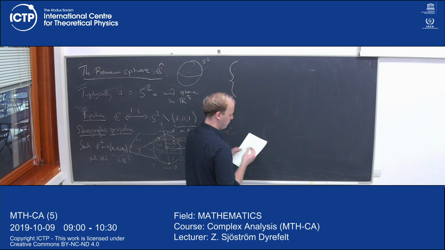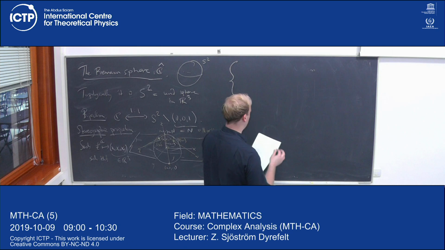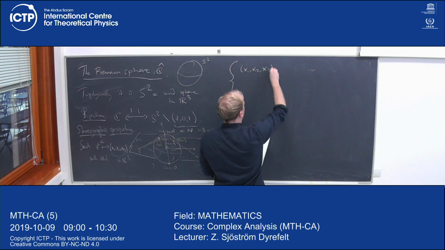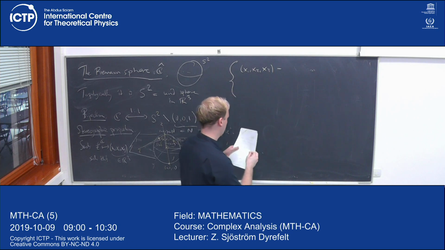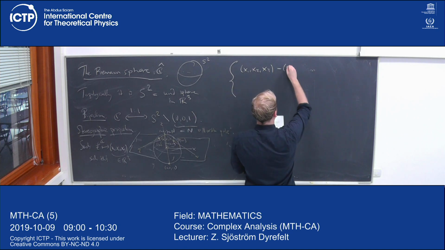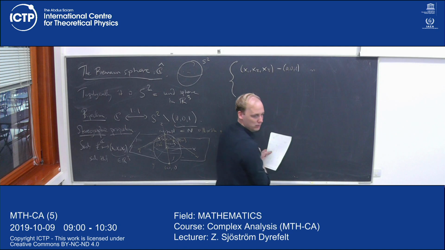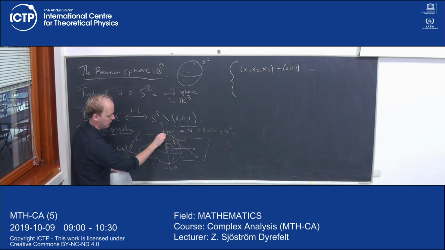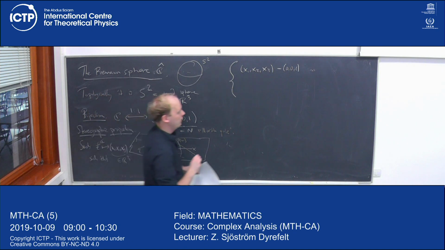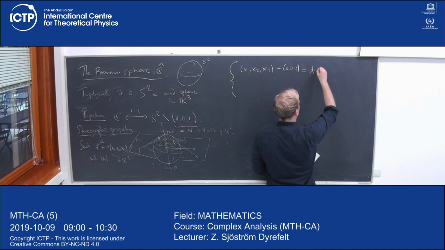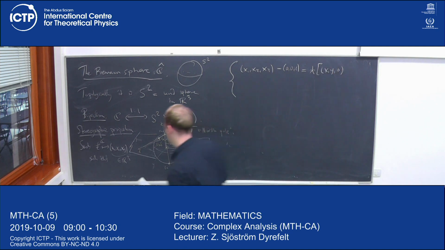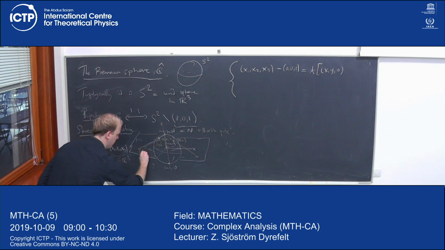We know that this point should be on the same line as the North Pole. So we're looking at this x1, x2, x3 minus the North Pole. So this is the line segment here. This should be a multiple of this. So this Z here is identified in coordinates here.